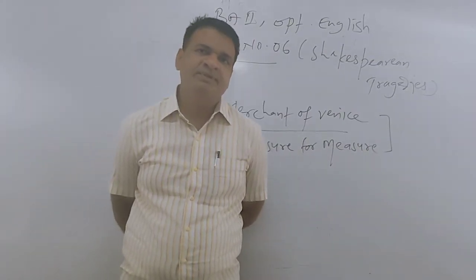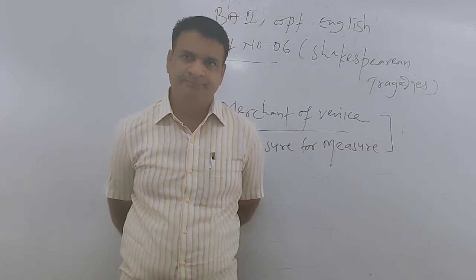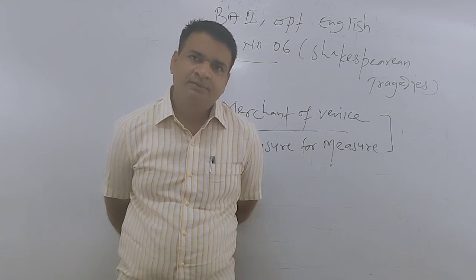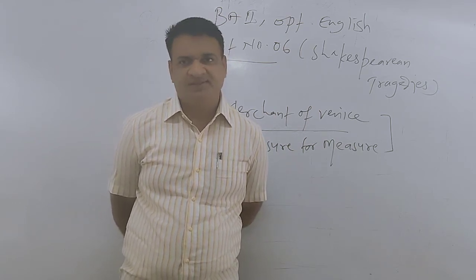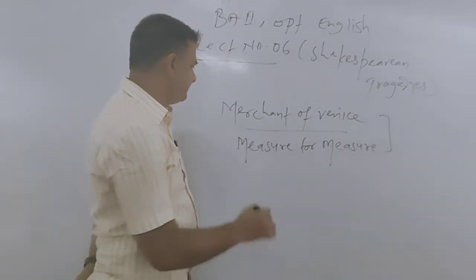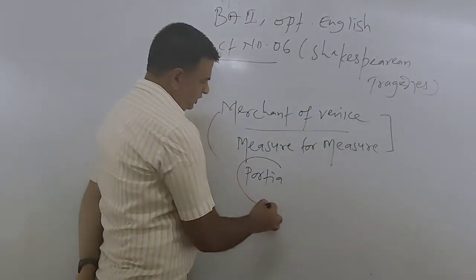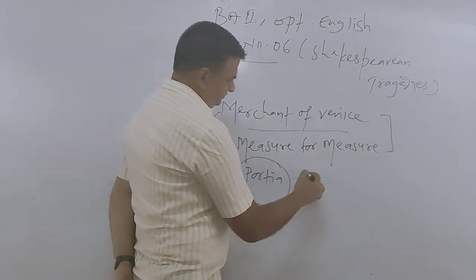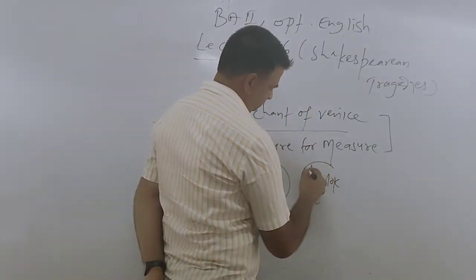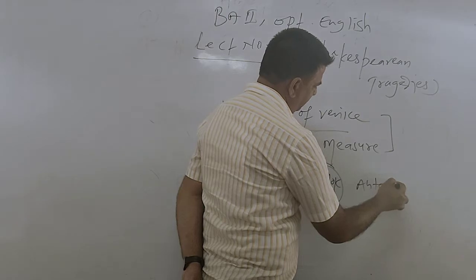Besides that, it is a famous love story of Portia and her beloved. And here the whole stress, the tragedy, centers on the well-known character, Portia. Then the moneylender Shylock. Then Antonio.